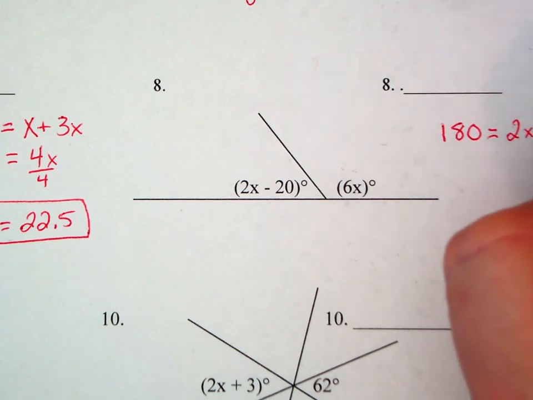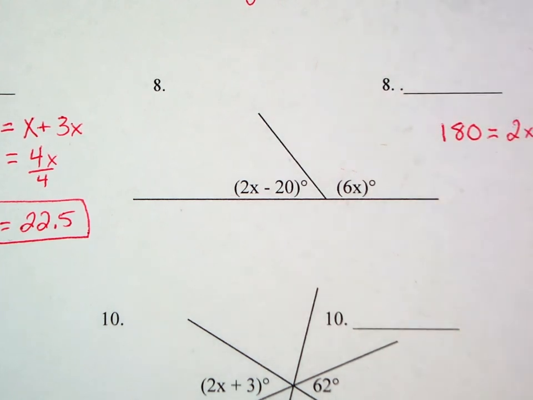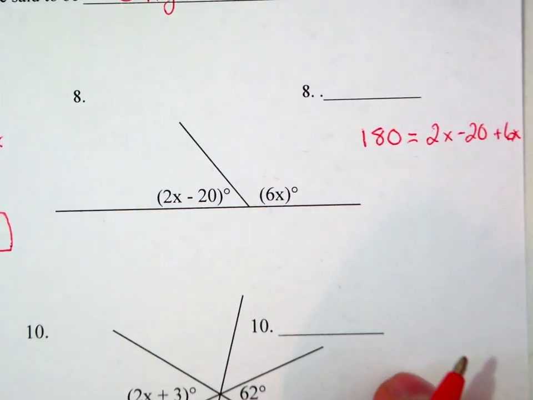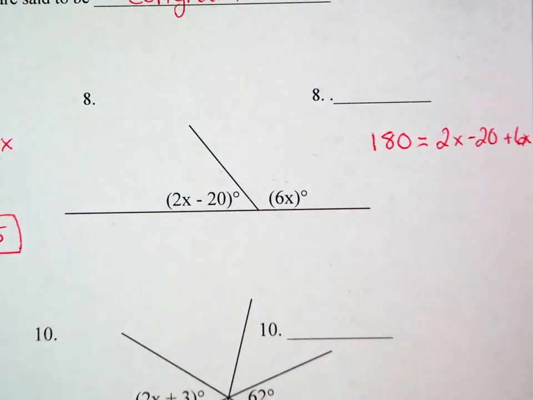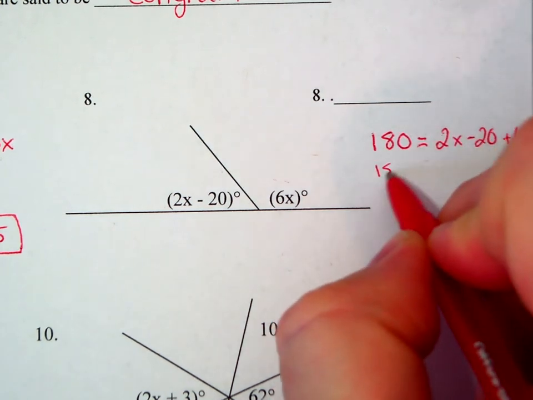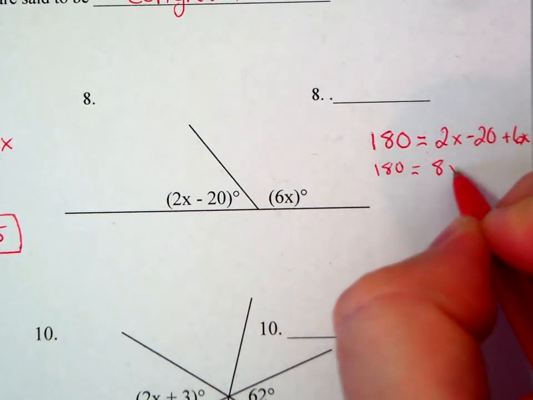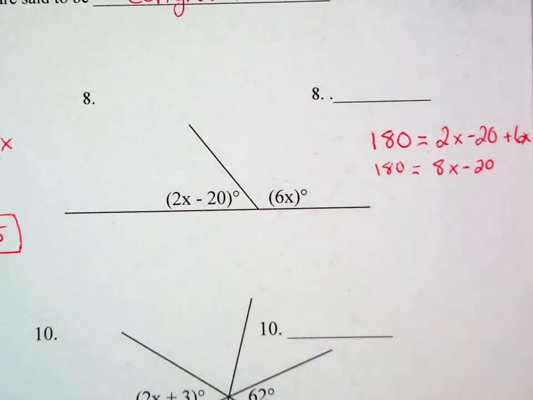2x minus 20 plus 6x. So now I will combine my like terms. 180 is equal to 2x and 6x gives me 8x minus 20.